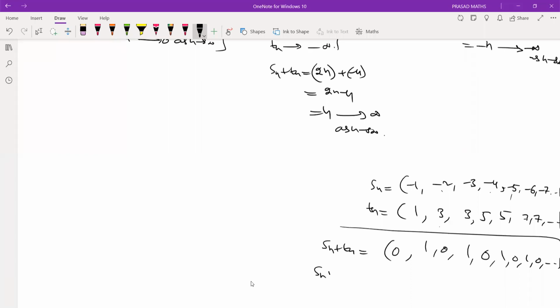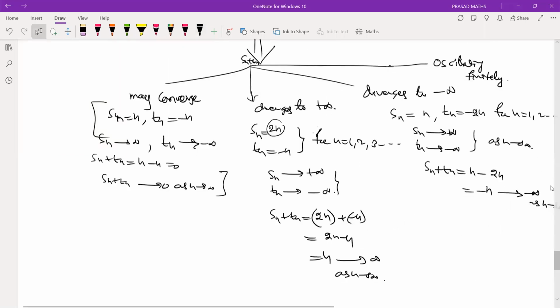So therefore, clearly Sn plus Tn is oscillating finitely, but Sn diverges to minus infinity, and Tn diverges to plus infinity. Therefore, what you observe is that the sum may oscillate.